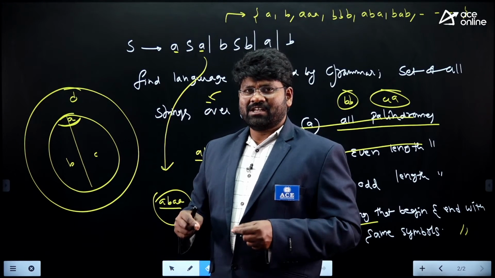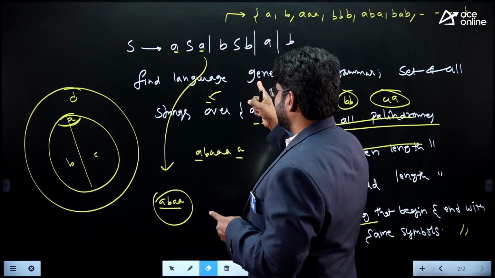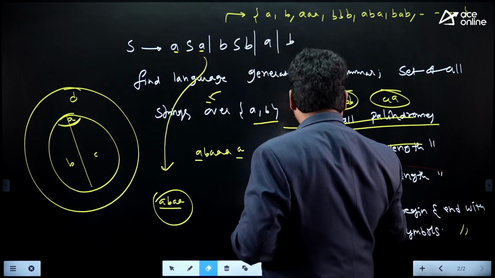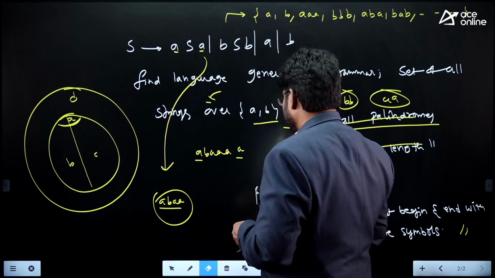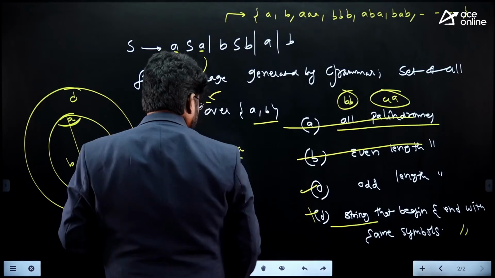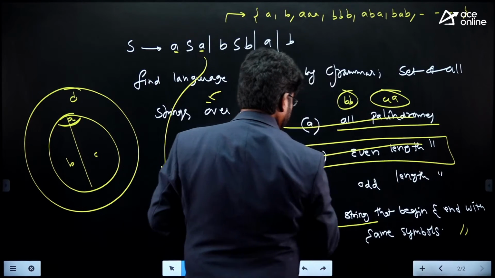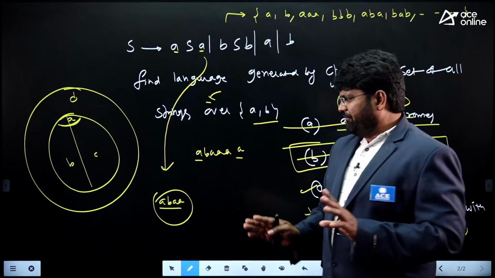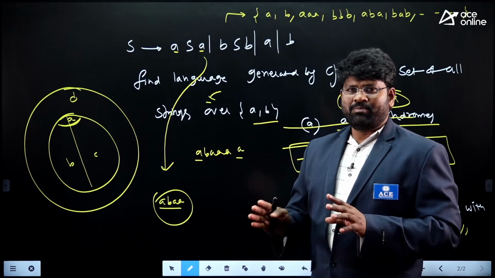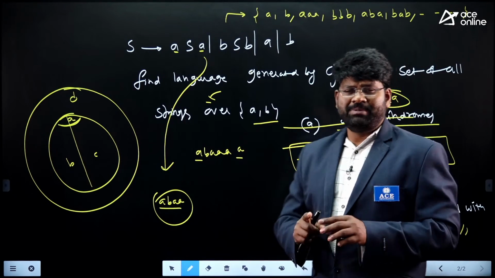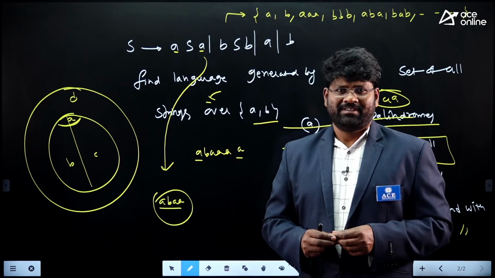But the exact answer for this grammar is that it is equivalent to only odd length. This will give you only odd length, that's it. So every time whenever you are solving a problem, every option needs to be studied very carefully.